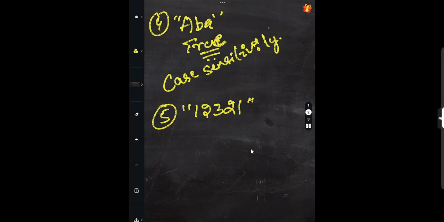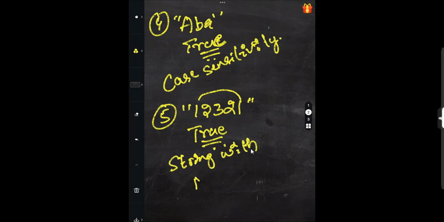So you can check this one, 1, 2, 3, 2, 1. If we read it backwards, it is also 1, 2, 3, 2, 1. So this is a palindrome. We should get the output true here, right? This is for the string with numbers, the fifth edge case.